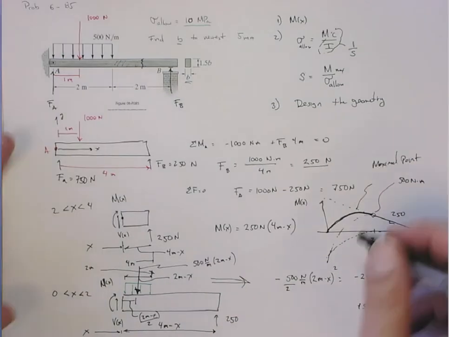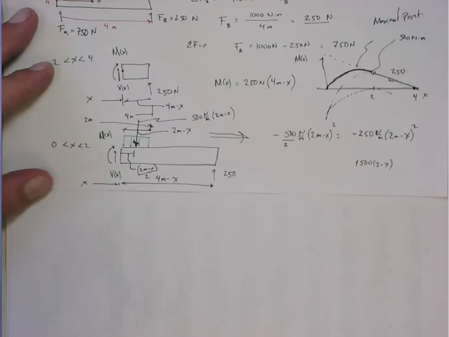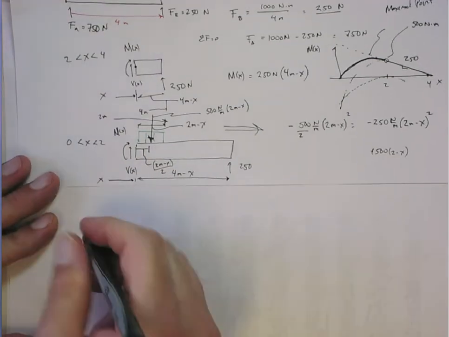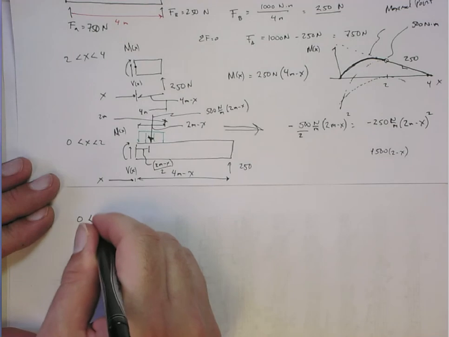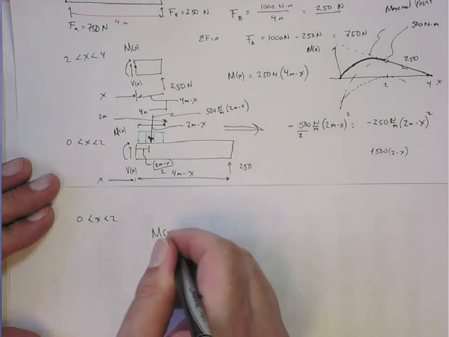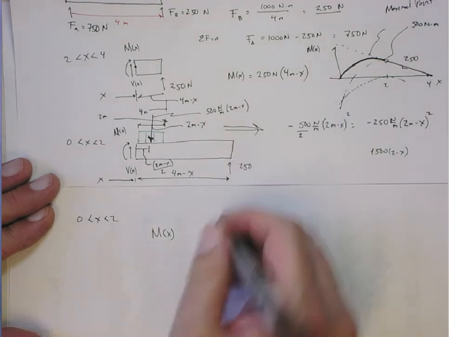Okay? So how do we get that maximal point? The point where there's the maximum bending moment. Well, we write out the analytical function for the moment and then find the extrema points, just taking the derivative and finding where the derivative is equal to 0. So the moment in that section, between 0 and 2, the internal bending moment is going to be the portion from this point load.